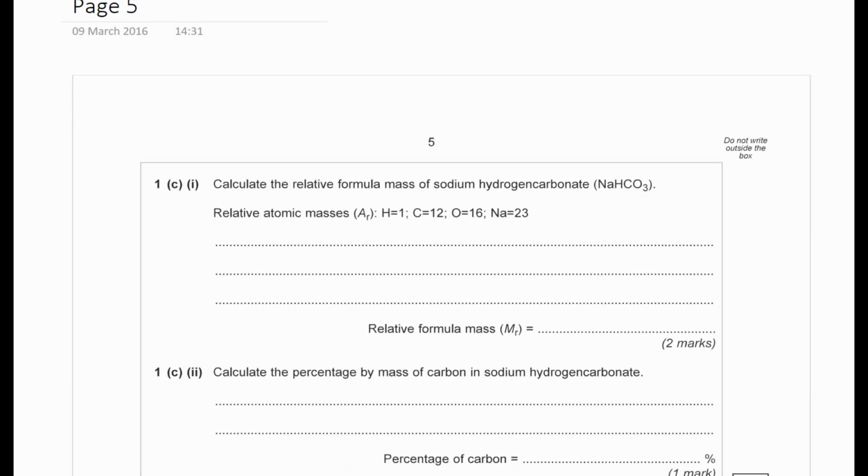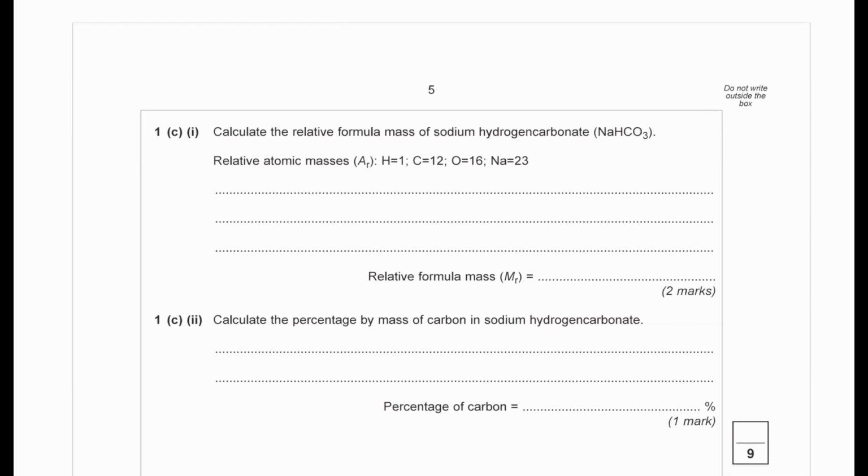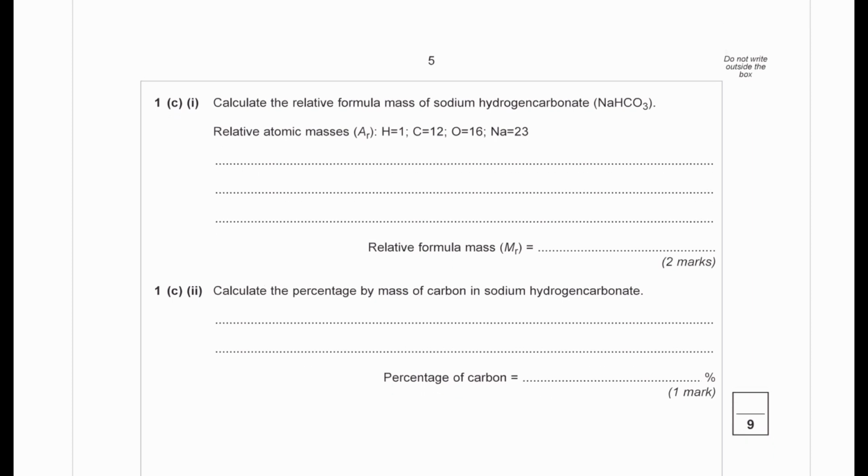Alright, so that was a long time spent on a 1 mark question, but I thought it necessary to explain what's going on. So, question 1C, it says calculate the relative formula mass of sodium hydrogen carbonate. And we've got the relative atomic masses, and so in this case, all we need to do is add them together. So, sodium is 23, right, and we've got 1 sodium.